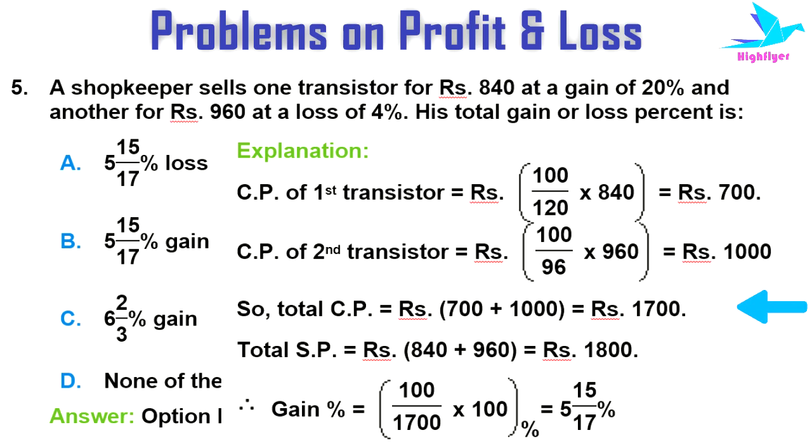So total cost price equals rupees 700 plus 1000, that is equal to rupees 1700. Total selling price equals rupees 840 plus 960, that is equal to rupees 1800. So as selling price is greater than cost price, overall there is a profit, and the profit or gain percent equals 100 by 1700 into 100, that is equal to 15 by 17%.